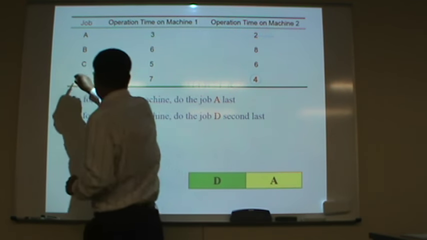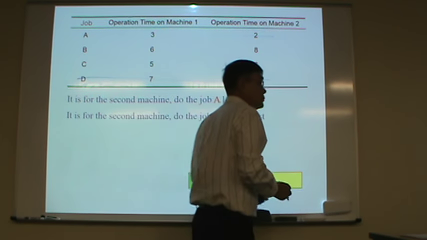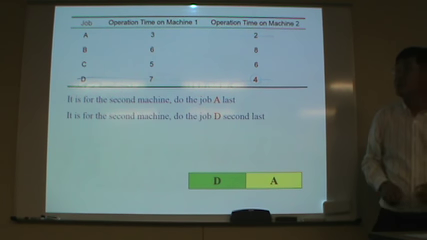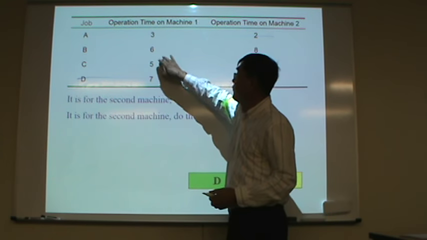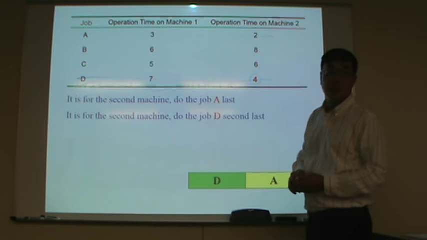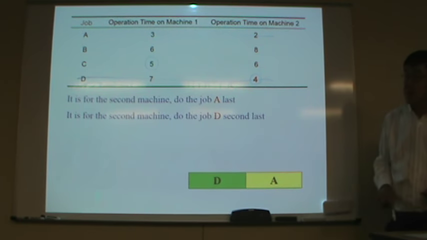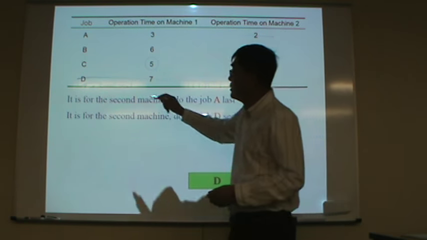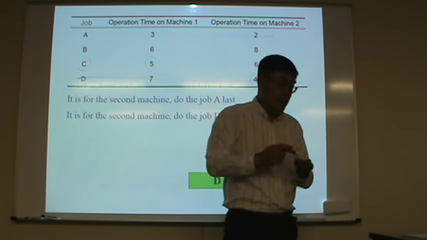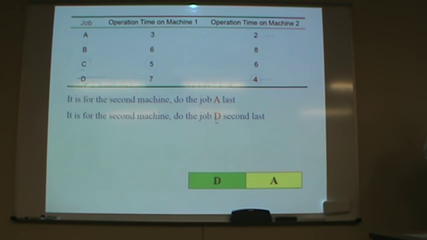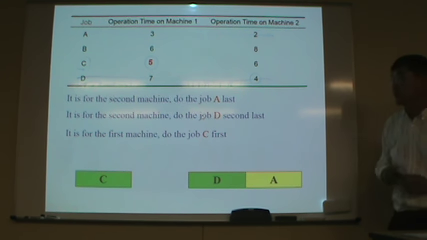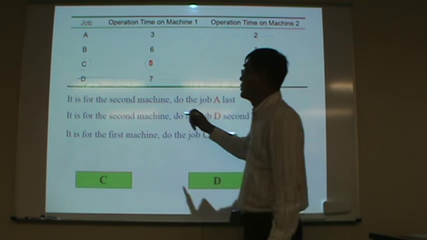And this one is gone. Okay, now 6, 5, 6. 5 is shortest. So take C. That one is on first machine. Do it first. So place job C first, right? And this one is gone.